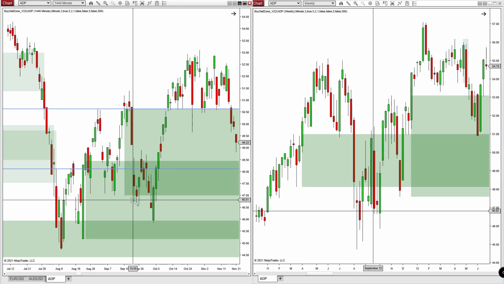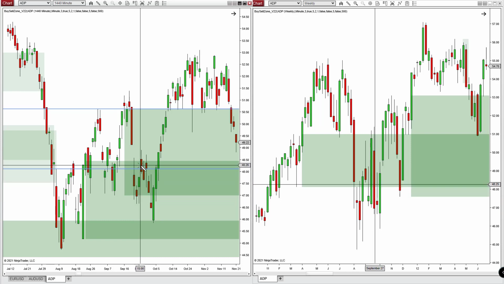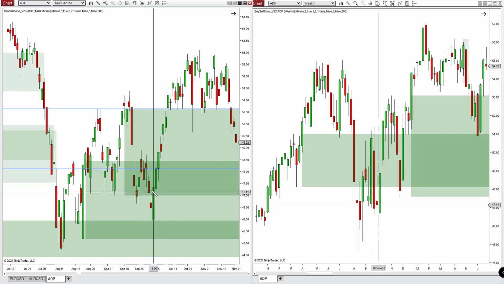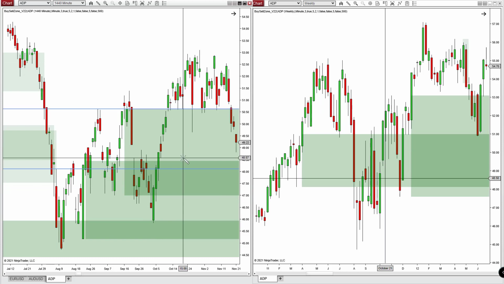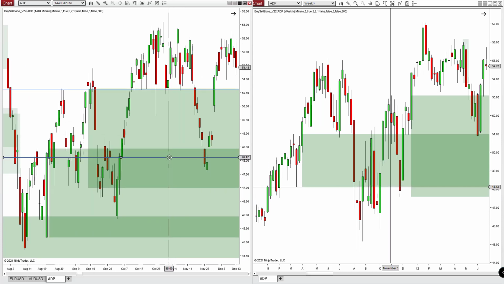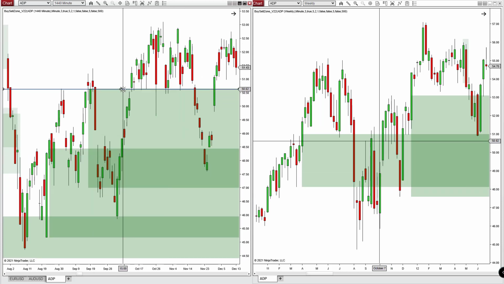And my guess is, and we'll go into this later in the training, but maybe you're a person who trades stochastic divergence. My guess is you have it right here. And this would be a perfect spot. Okay, so let's continue and keep looking for more of these areas.